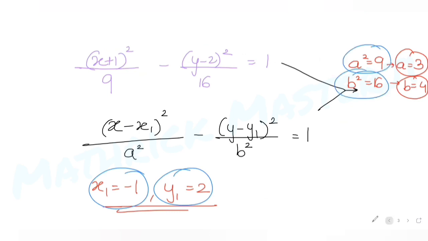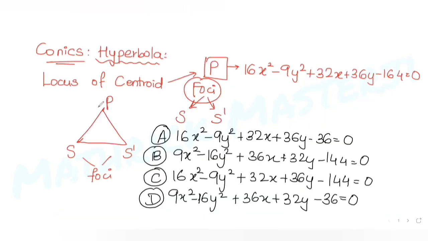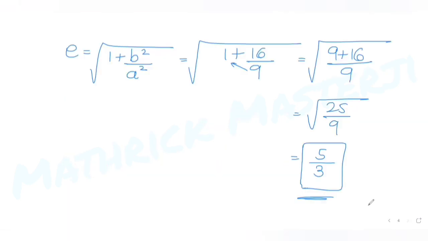Once I have all of them, I can figure out the locus of the centroid of the triangle, where P is any point on the hyperbola and S and S dash are the foci points. So let's figure out the foci points for the hyperbola.